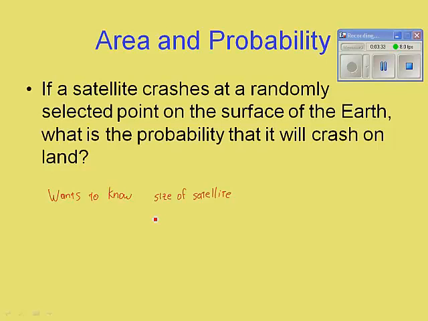I actually don't know that for a fact. I do have some information here that might help us. There are approximately 54,225,000 square miles of land. And there are 142,715,000 square miles of water.